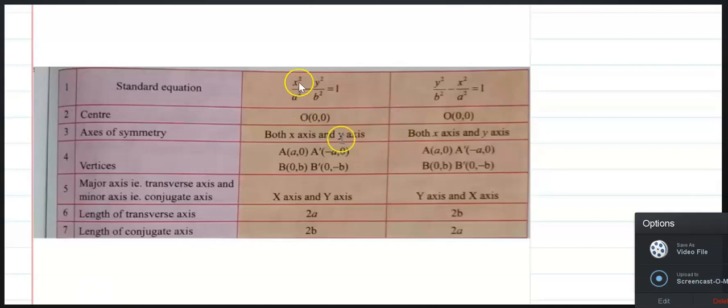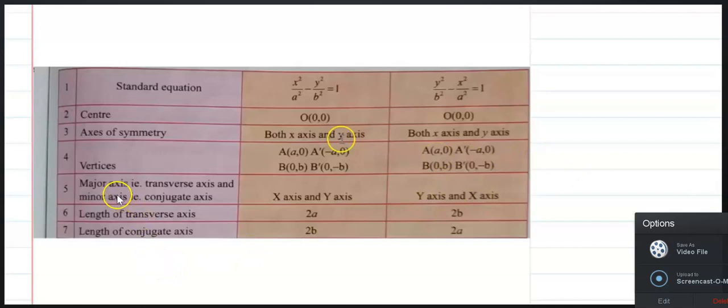This is the hyperbola, that is x square upon a square minus y square upon b square is equal to 1, and y square upon b square minus x square upon a square is equal to 1. Their centers are the same. Axes of symmetry are both the x-axis and y-axis, and the vertices are (±a, 0) and (0, ±b).